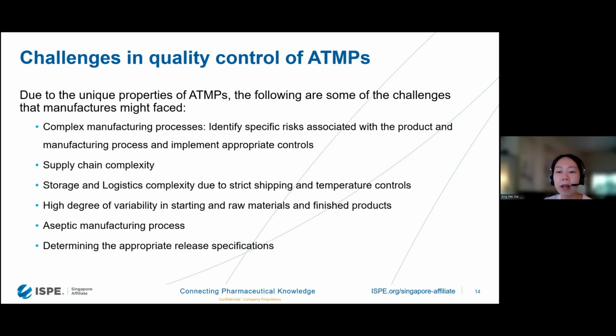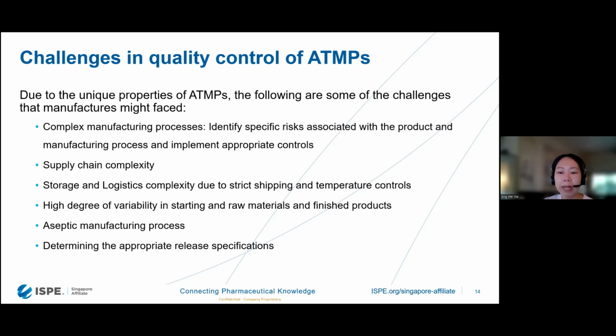This risk assessment should consider the significant risks posed by autologous or allogeneic therapies. For example, for autologous products, where each batch is unique and irreplaceable, the manufacturer must implement enough control to ensure that each batch is of an appropriate quality, despite the limited batch sizes, inherent variability of starting material, and manufacturing process constraints. Supply chain complexity.